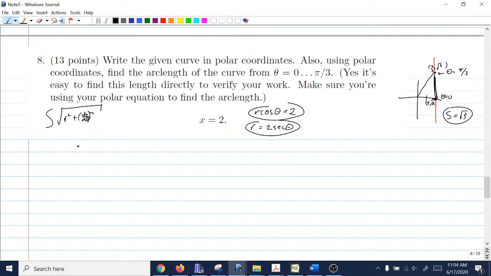So our arc length is going to be the integral from 0 to pi over 3, that part was given straightforward, of the square root of r squared. r squared is (2 secant theta) squared plus (dr d theta) squared. What's the derivative of r? Derivative of secant is secant tangent, so (2 secant theta tangent theta) squared. What's this integral turn into? Oh, d theta.